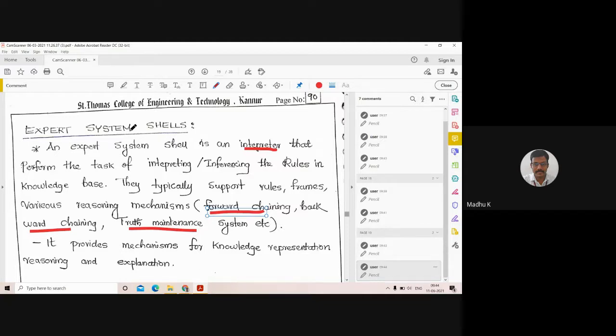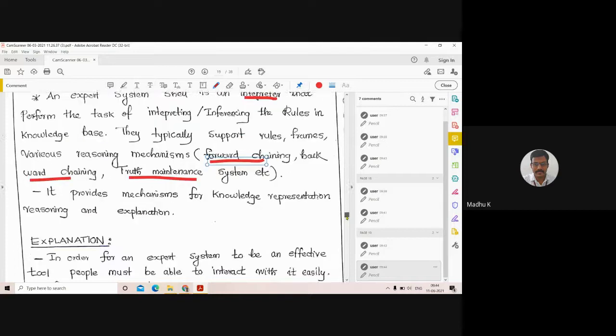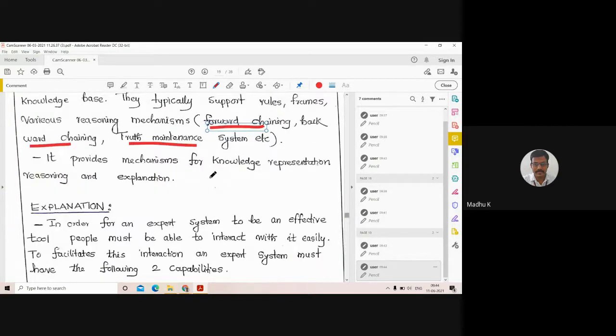It provides mechanisms for knowledge representation, reasoning, and explanation.